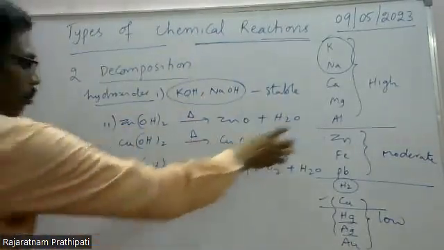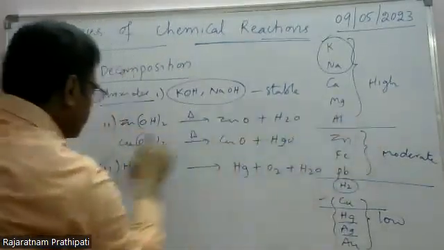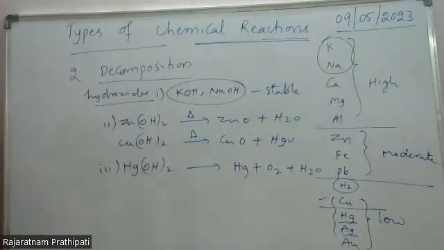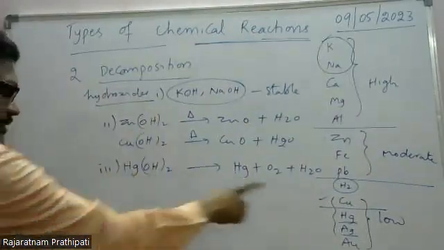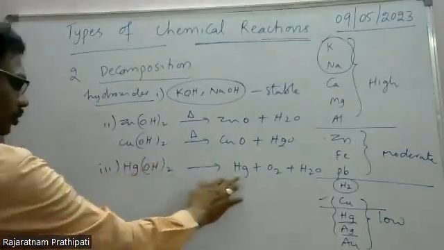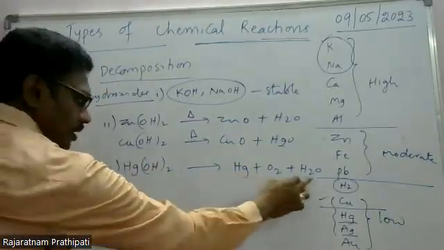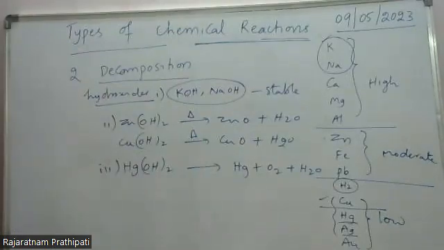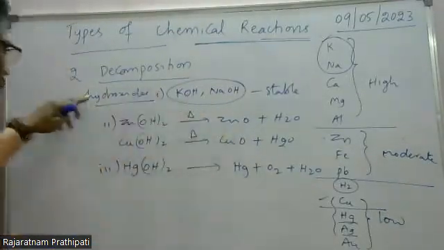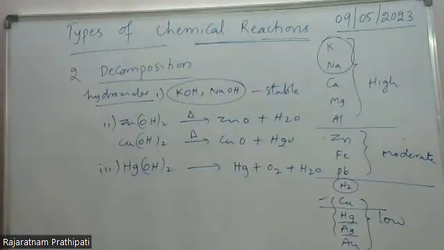But moderate reactive metals decompose into metal oxide and water. Low reactive metals like mercury and silver decompose into metal plus oxygen and water. This is about decomposition of hydroxides.